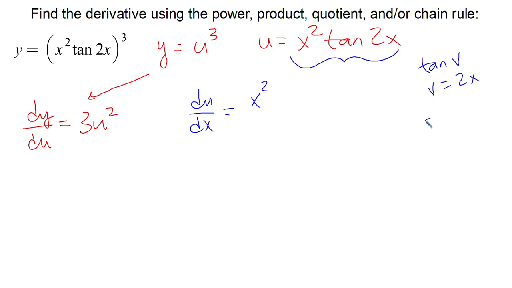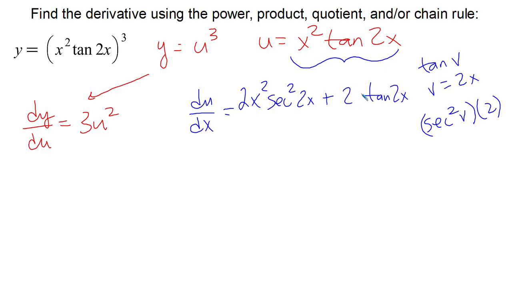So our derivative should be secant squared v times 2. So we have u dv, so that'd be x squared times our 2 secant squared 2x, and then plus our v, which is tangent 2x, times the derivative of our x squared, which is 2x. So there is our du dx.